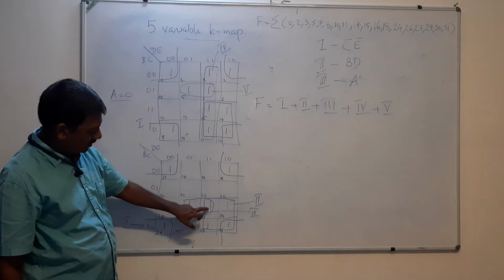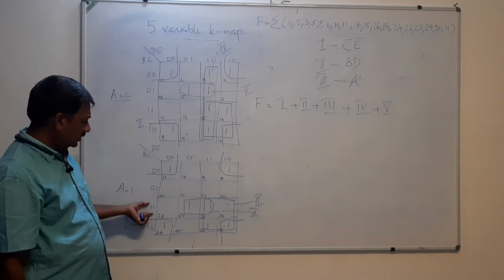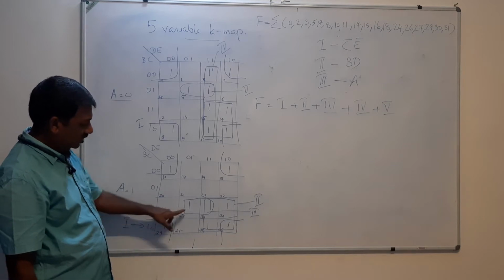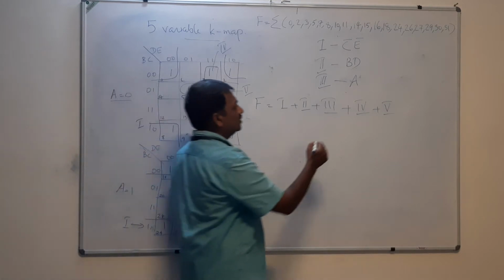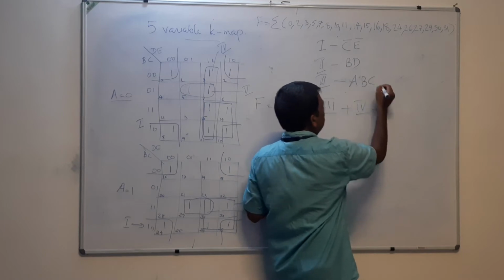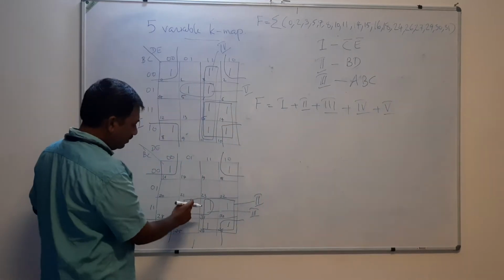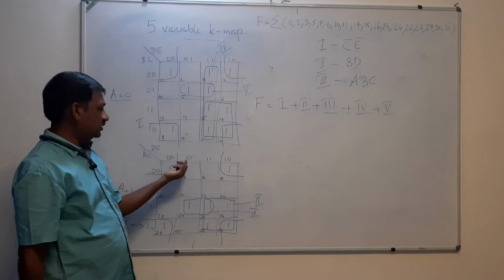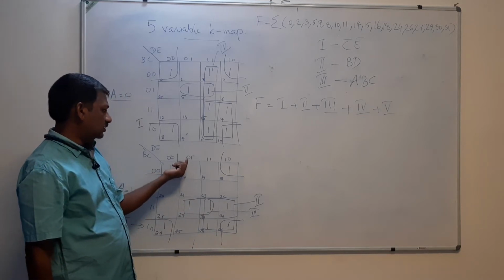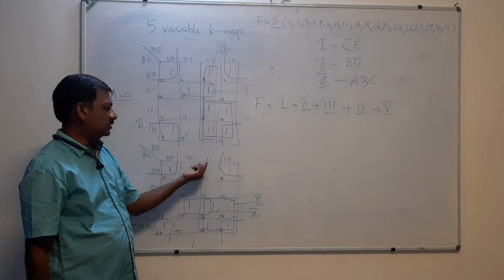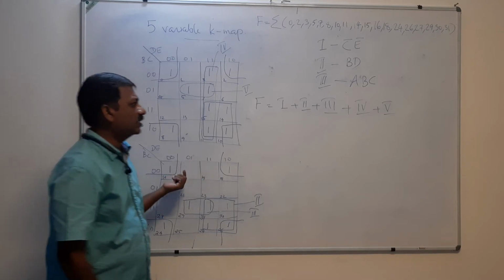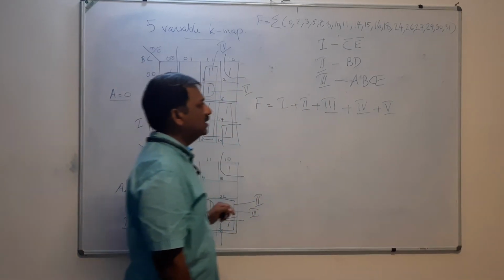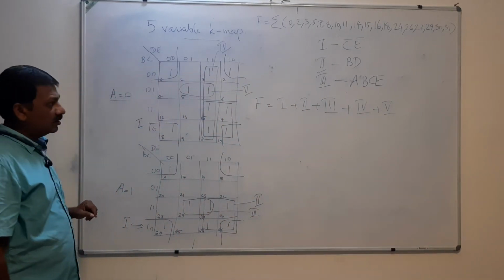Here there is a change. This is BCD, BC. 1 1 means BC, no change for BC. That means A, BC, and from this cell to this cell, what changes is D bar E and DE, so E remains. A, B, C, E, and that is the third one.